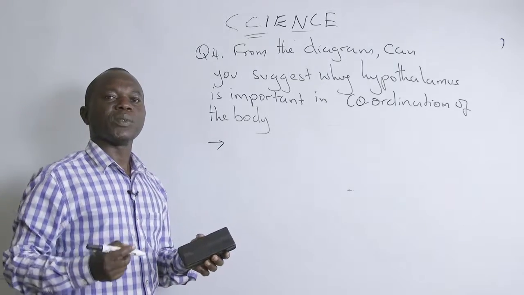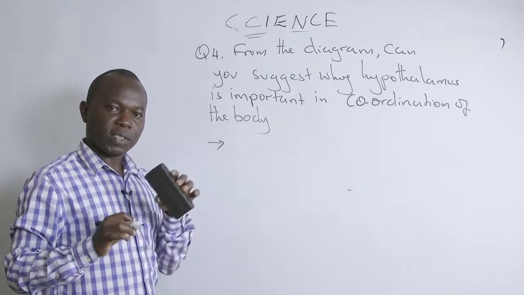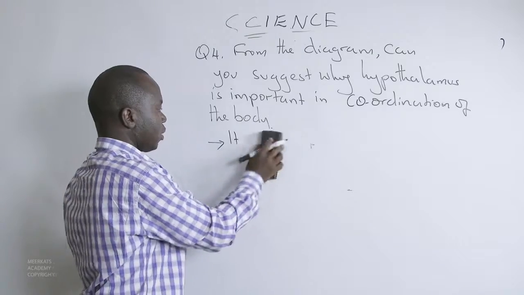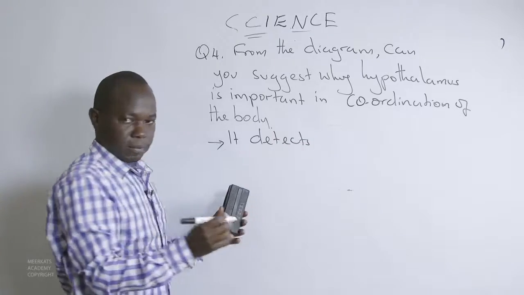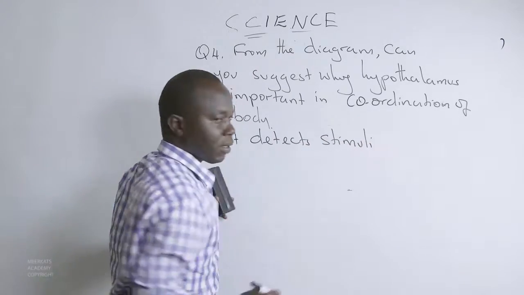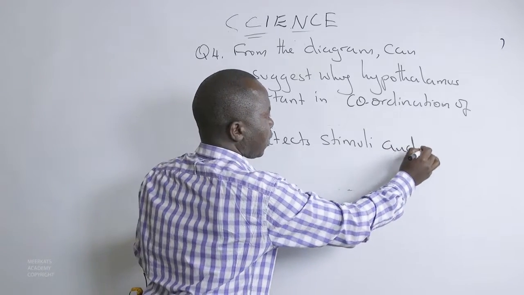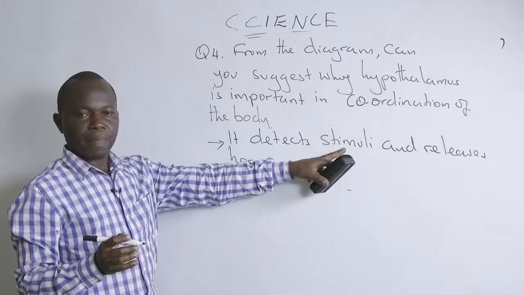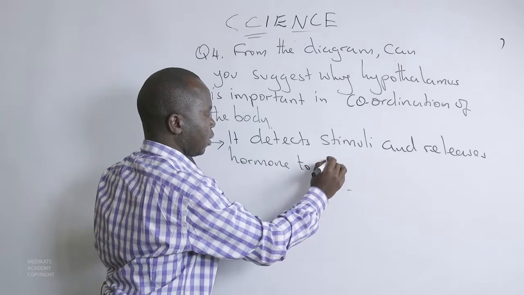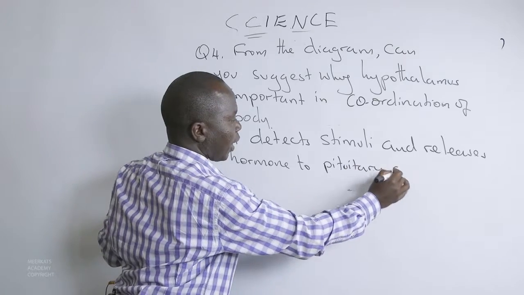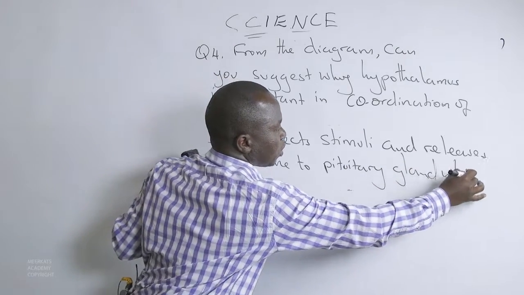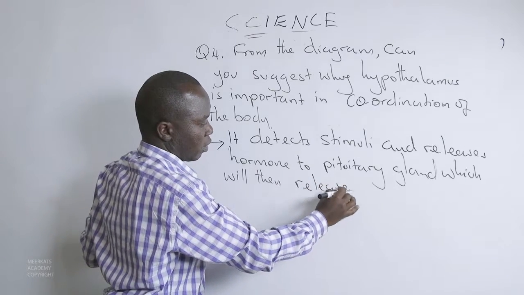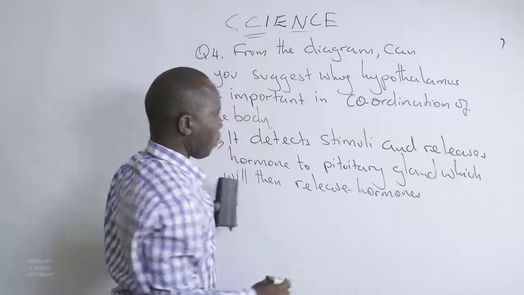Pituitary gland will now be stimulated to release so many other hormones depending on the type of stimulus. So one reason is that it detects a stimulus and releases hormones to pituitary gland, which will then release hormones depending on the stimulus.